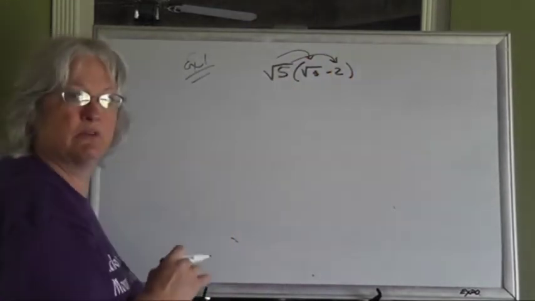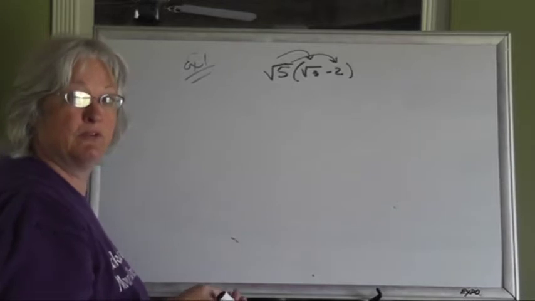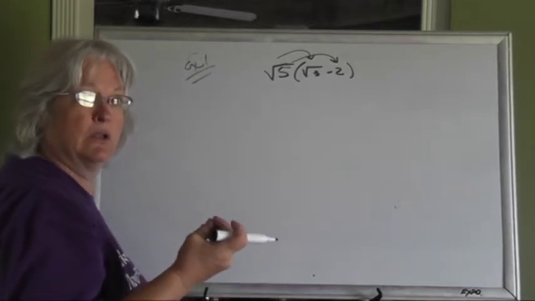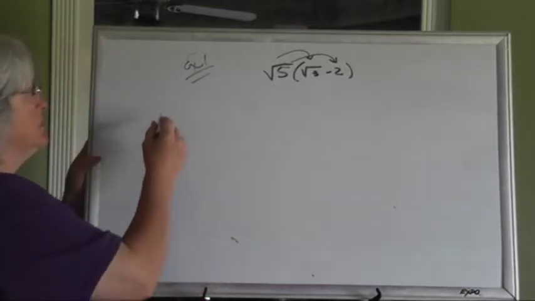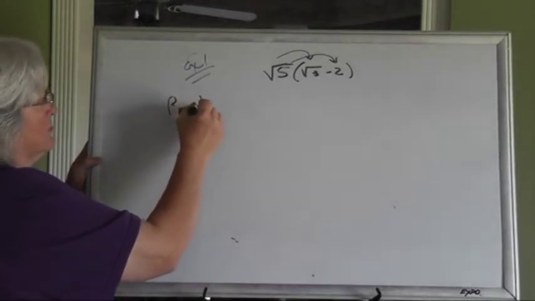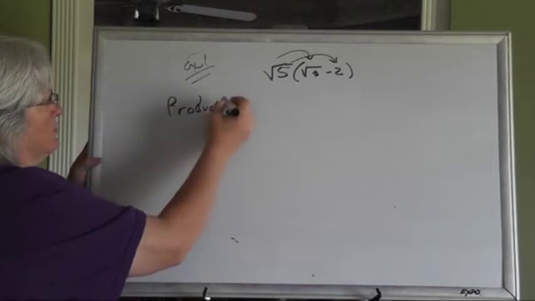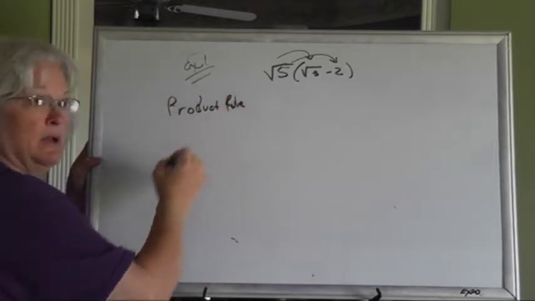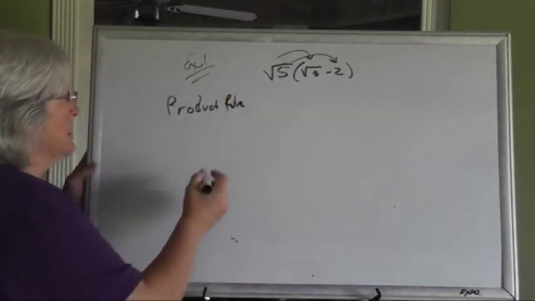So when you have the square root of 5 times the square root of 3, we learned a very important principle. It's called the product rule for radicals. Product, of course, is what you have when you multiply two expressions together.